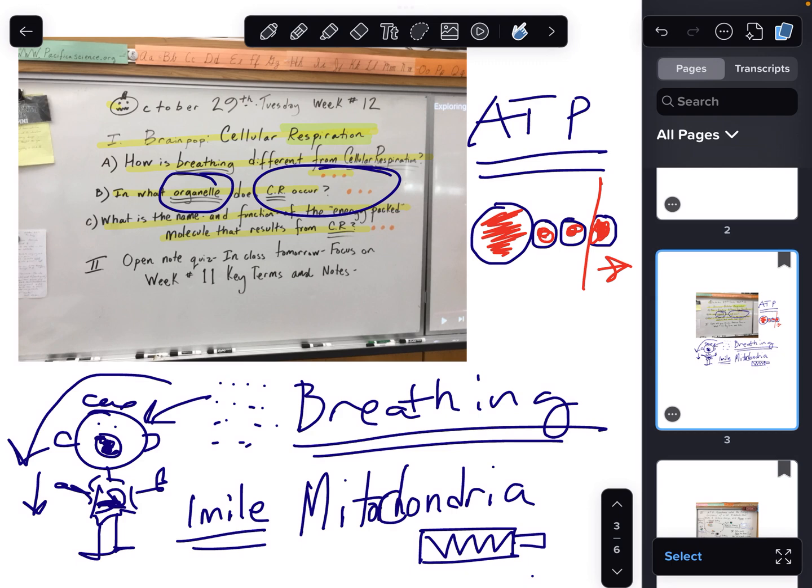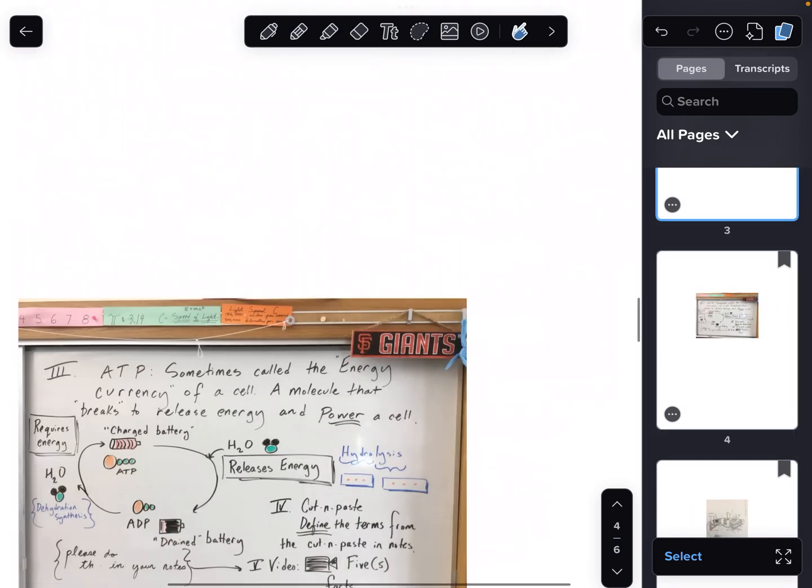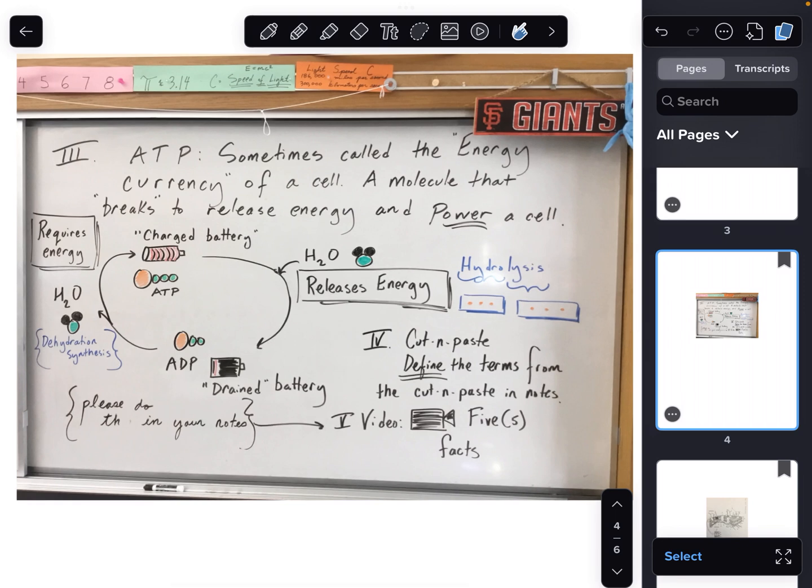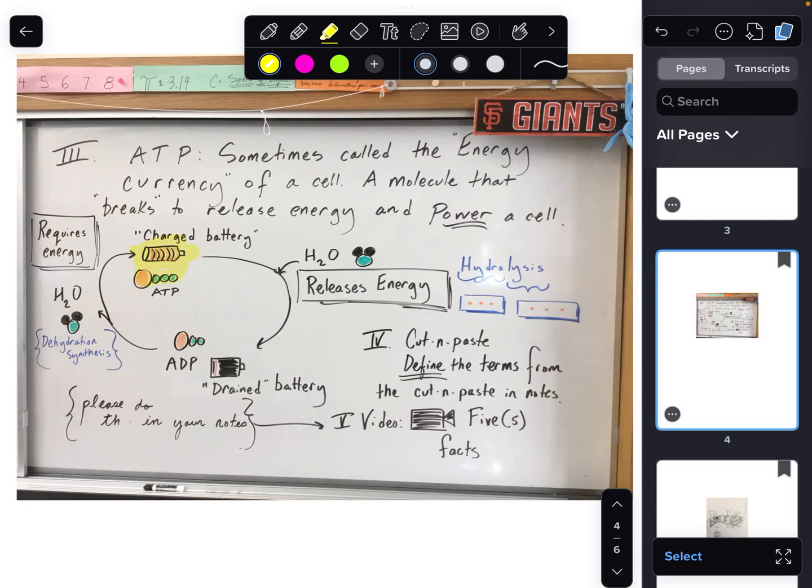So I'm going to switch to the next slide right here. This right here was the picture I asked everyone to draw. And again, I'm just going to highlight a little bit. If you check out the charged battery that represents an ATP molecule, it's got, and again, I'm using my little drawing tool to show these 3 little phosphates that are attached on the side here, and they get snapped off.